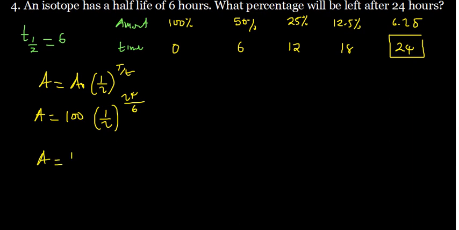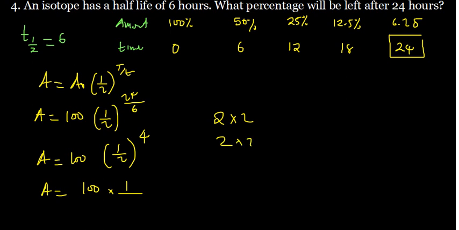So A is going to be 100 multiplied by 1 over 2 to the power of how many times 6 goes into 24. 4 times. So A is equal to 100 times 1 to the power 4, that will still be 1, and then 2 to the power 4, what is the answer? 2 times 2, 2 times 2, that's correct, 16.